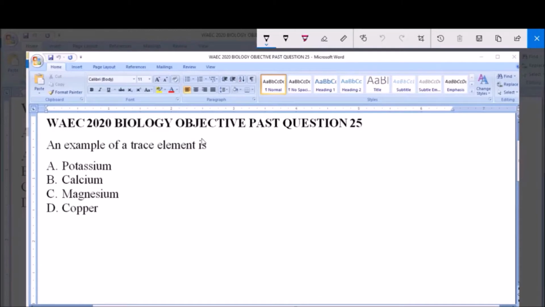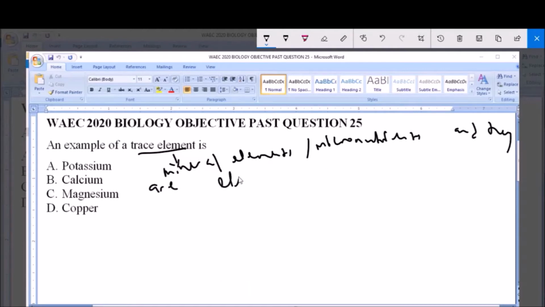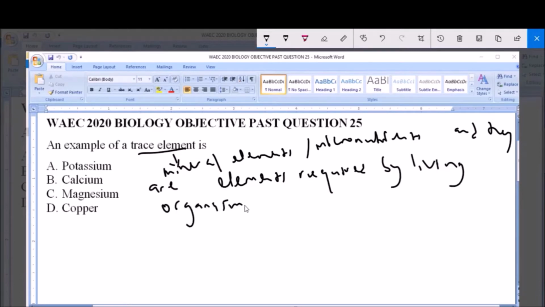are mineral elements. So trace elements are mineral elements, and are also known as micronutrients, and they are elements required by living organisms in minute amounts.